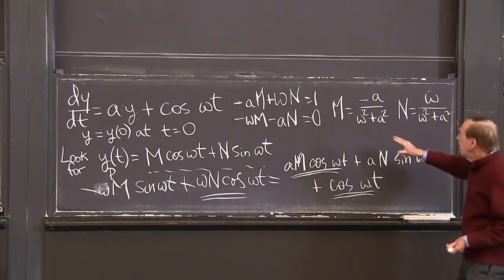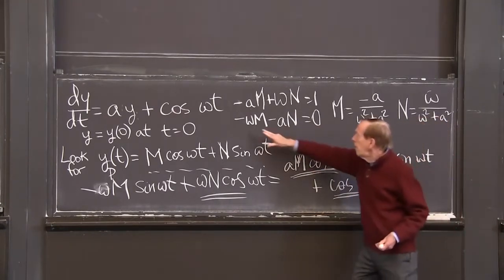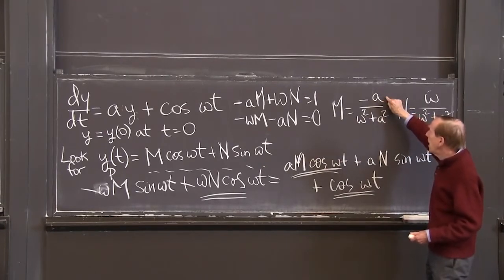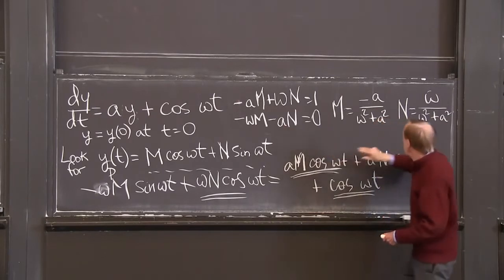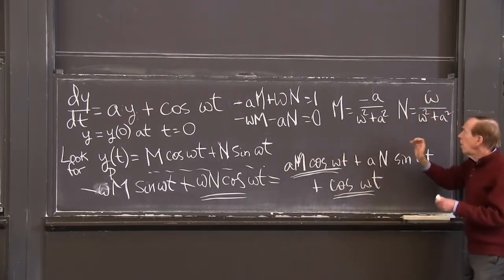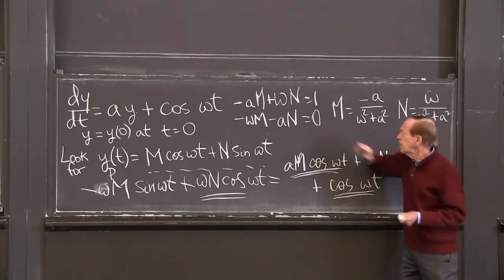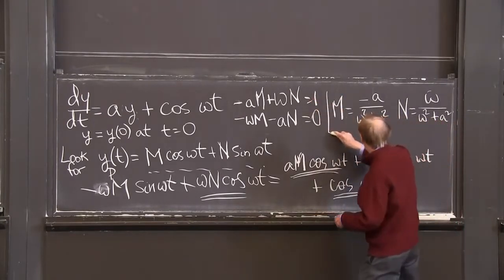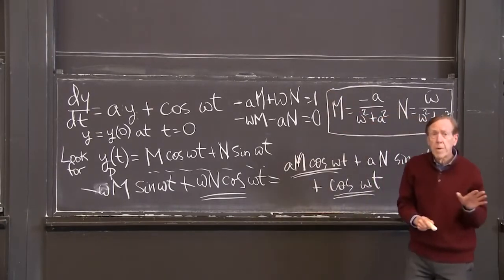If you check this equation, for example, omega times the m will give me an a omega with a minus, and then a times n will also have an a omega, and the same omega squared plus a squared. They cancel to give 0. And this equation is also solved. So, one more important problem solved.